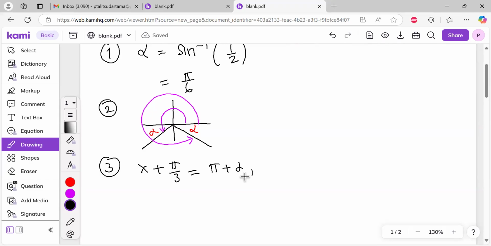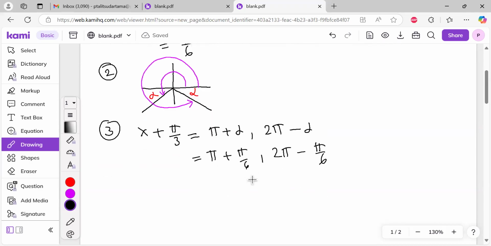And for the second answer, that means this one, it is the same as the total angle, which is 2 pi minus alpha. Okay, it's like common sense. And then from here, we will just continue this one. So it becomes pi plus pi over 6 since we have found the alpha. And this will be 2 pi minus pi over 6.